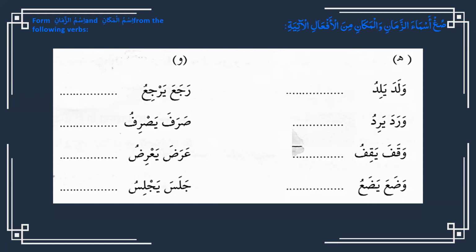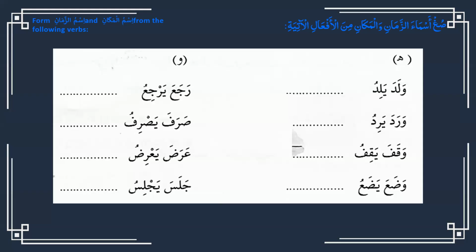What does the word maulid mean? Maulid is to give birth or created. No, maulid is a place. How can it be to give birth? The place where birth is given. Yes, birthplace. Okay.